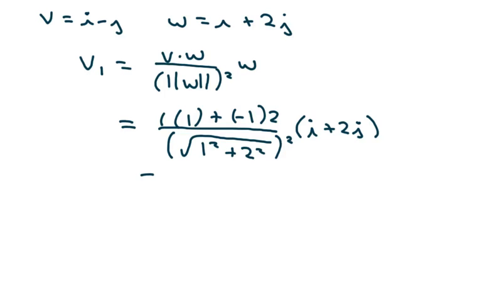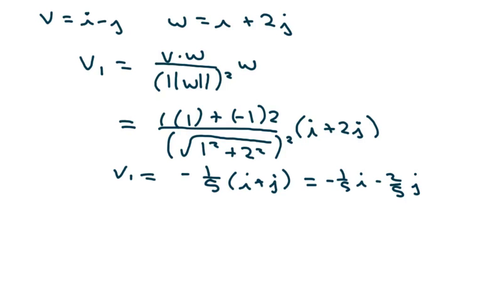And this is going to give us negative 1/5 I plus 2J, or negative 1/5 I minus 2/5 J.